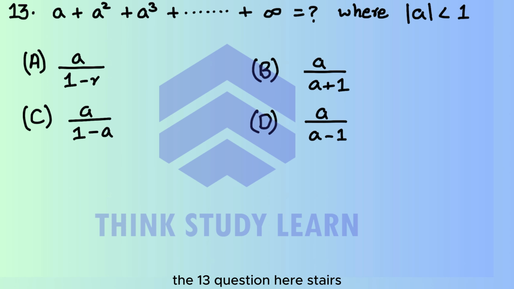The 13th question here states a plus a square plus a cube up to infinity is equal to what, where the modulus of a is less than 1.